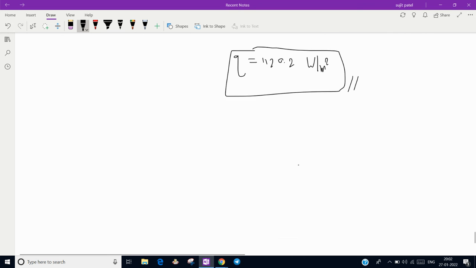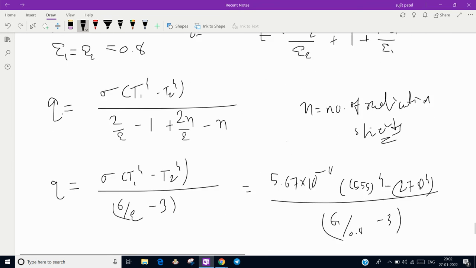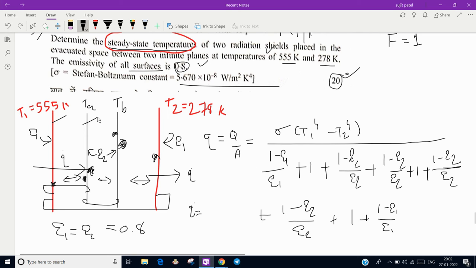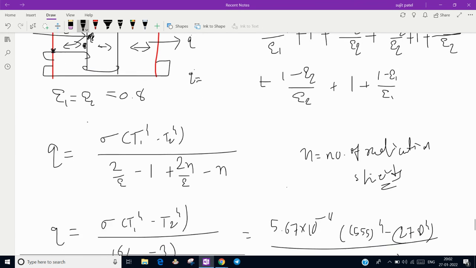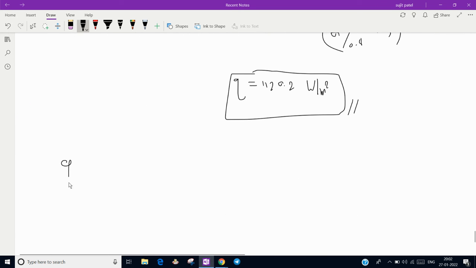Now, between plate 1 and the first radiation shield, we can write the steady state equation: Q is equal to sigma into (T1 power 4 minus Ta power 4) divided by (2 times (1/epsilon) minus 1).